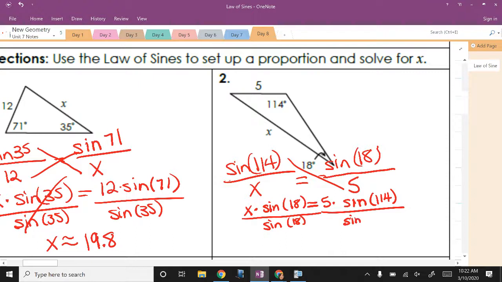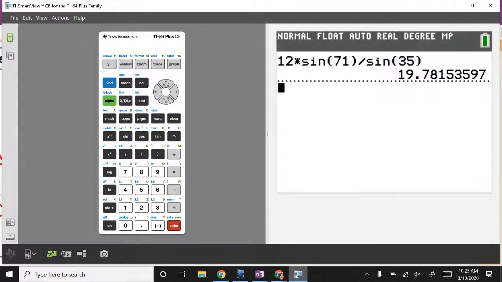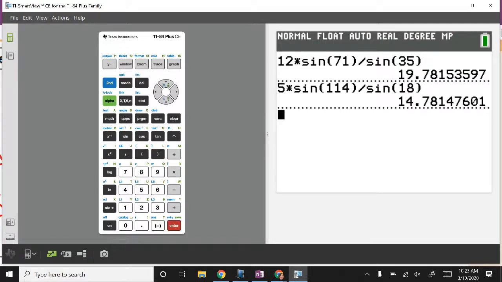Okay. So in my calculator, I'm going to hit 5 times sine 114 divided by sine of 18. Did y'all get about 14.8?